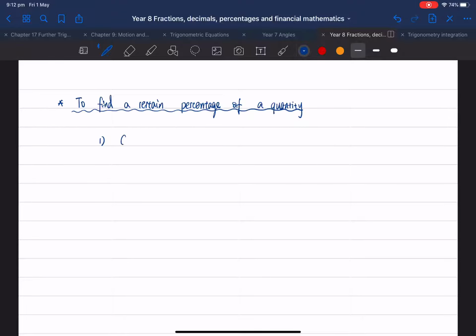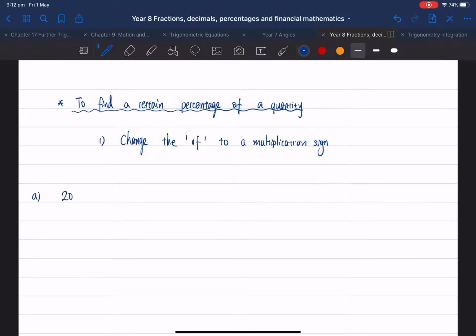So the first step I will do is to change the word off to a multiplication sign. Once you finish that, we can express the number as a fraction, and we can multiply the numbers, and then we should be able to work out the answer by just doing the calculation. All right, so let's just start with the first example here.